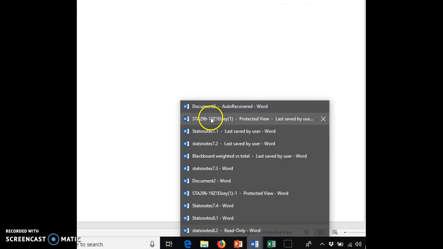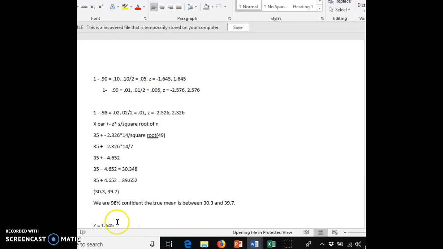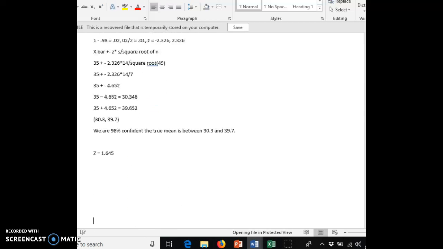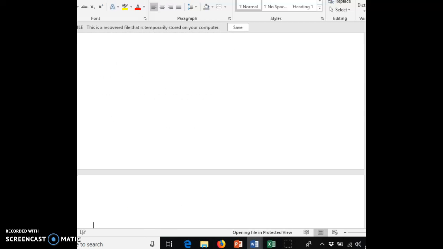All right, so let's write our null, and let me just clear this screen for you. So our null, H sub 0, and I'm just going to write it as H0, and I'm going to write mu instead of finding the symbol, all right?